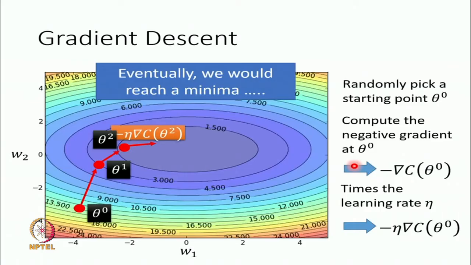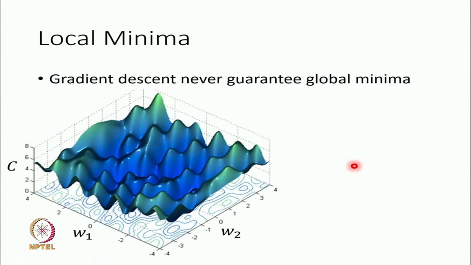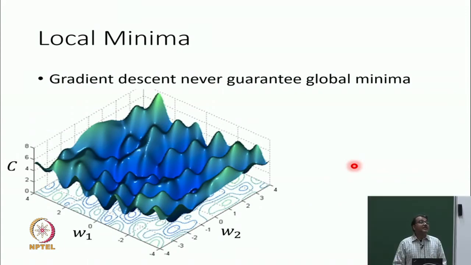But of course, would it lead to global optima? In general, no, and in fact for neural networks almost never. The reason is that I have layers of these neurons, and each layer has an activation which is not necessarily convex, but even if it is, the combination of these convex functions, because the output goes into the next and so on and so forth, makes a highly nonlinear function.